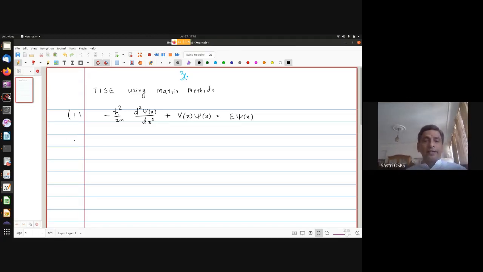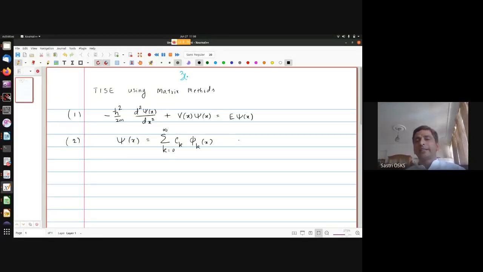Now the idea of matrix methods is we would like to write psi of x as a linear combination, let us say summation over k, c_k, k generally goes from 0 to infinity, c_k into some phi_k of x.